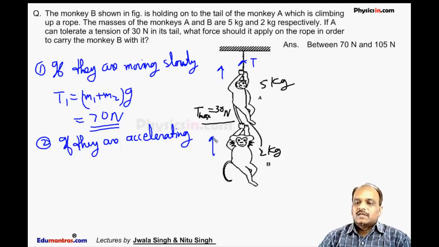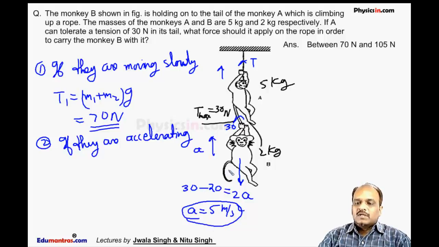let the acceleration be a. Monkey B will experience an upward force of 30 Newton. So for monkey B, 30 minus the weight of this monkey, which is 20, is equal to mass of this monkey into a. So a comes out to be 10 by 2, that is 5 meter per second square. So the acceleration of monkeys A and B is 5 meter per second square.